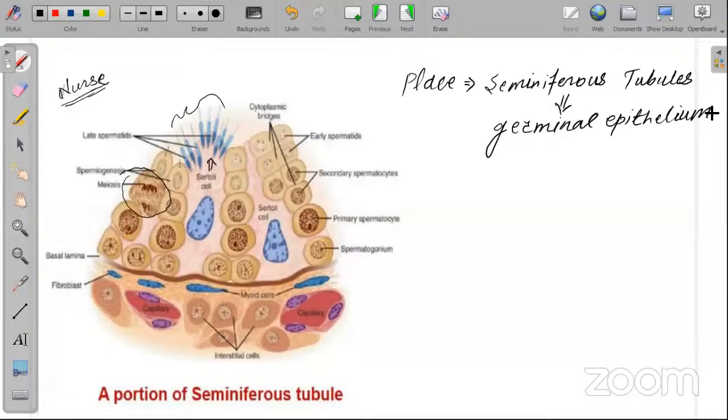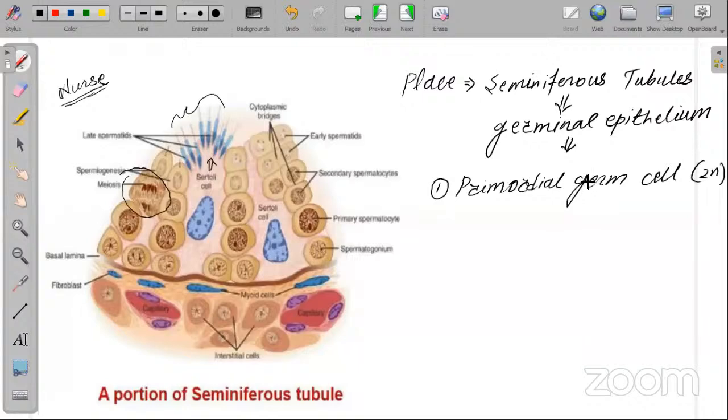Okay, done till here. Then this germinal epithelium contains one cell, and I am writing the name of the cell. That first cell is known as the primordial germ cell, which is 2n.